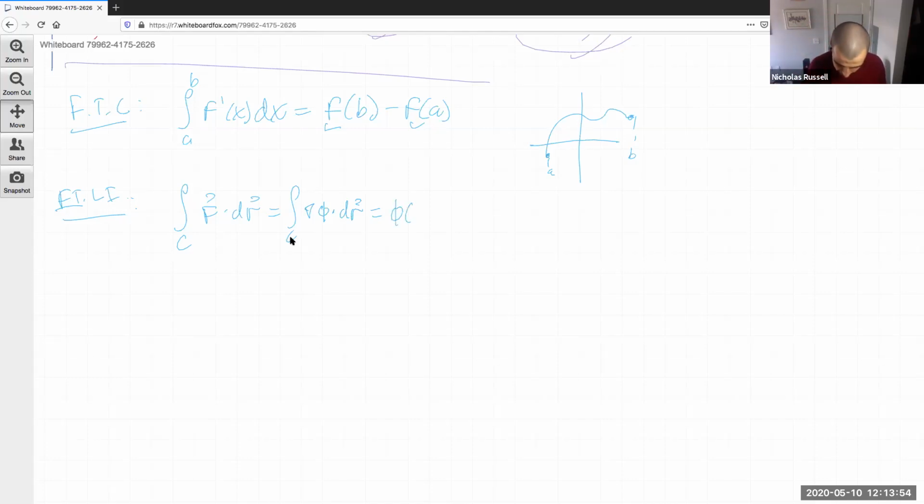I could say that this is just r at b minus r at a. Again, it's very similar. We have some derivative over my entire curve related to, in this case, the boundary of the curve, which is just the endpoints. So the derivative is related to the boundary of the original function.